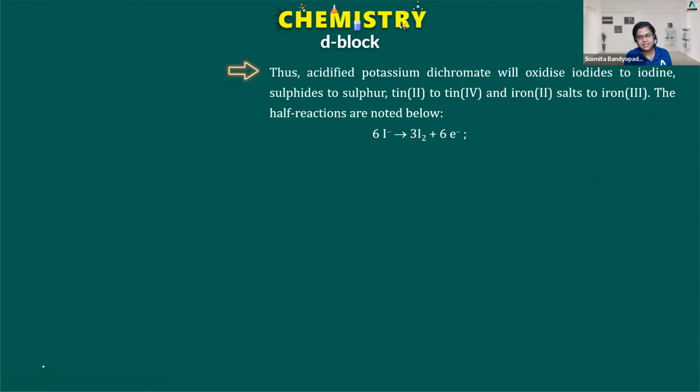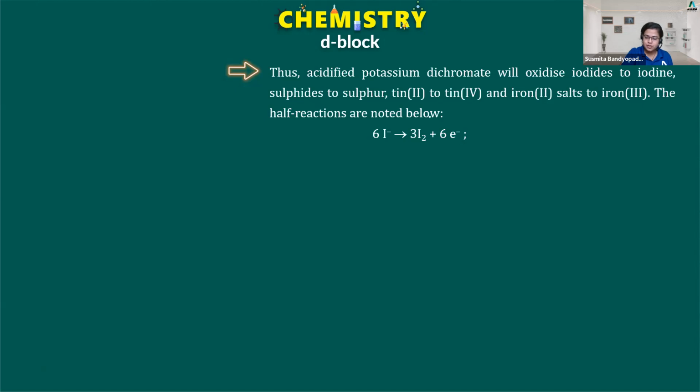So just now as we discussed, potassium dichromate is a very strong oxidizing agent. It will oxidize I minus into I2. It will oxidize others, meaning what? It will make others lose electrons, minus 1 to 0.